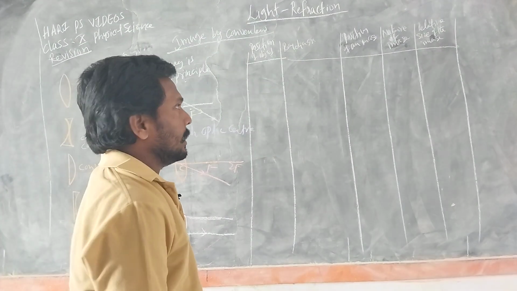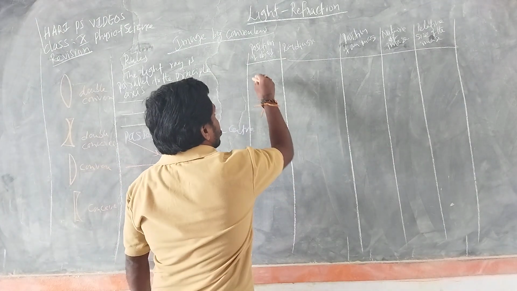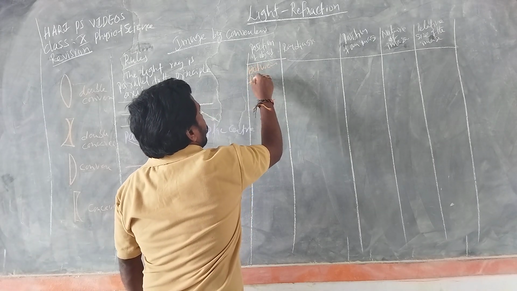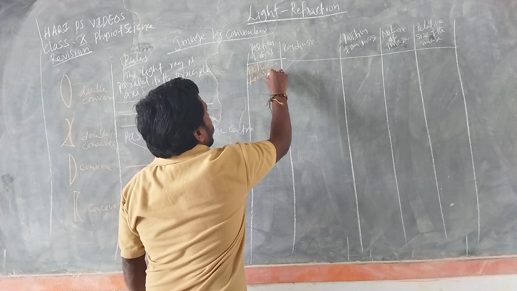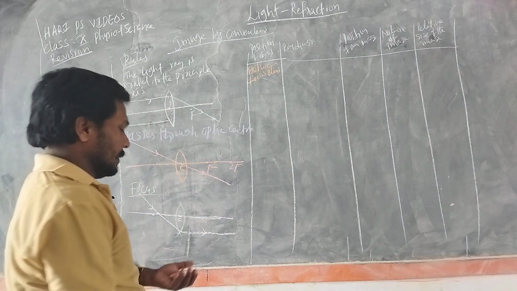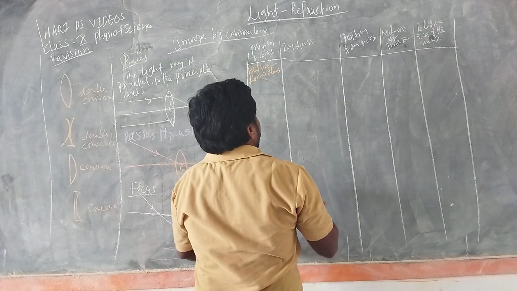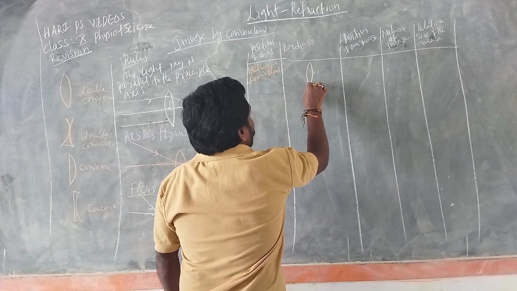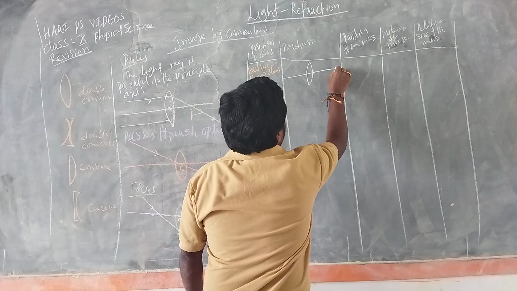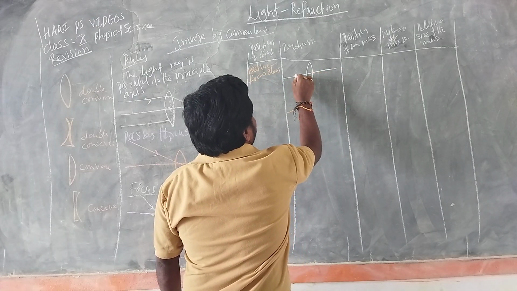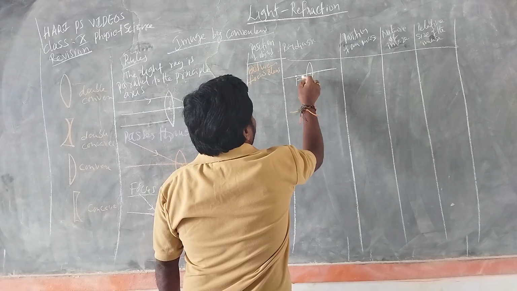Between focus and lens, right. So the lens, principal axis, optic center, then it is the focus.